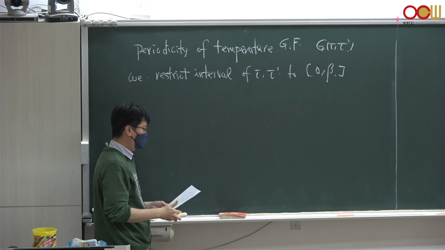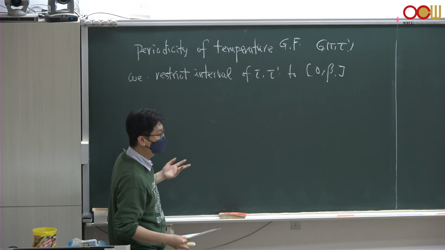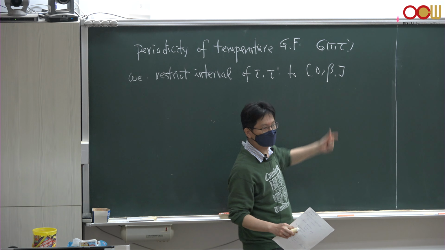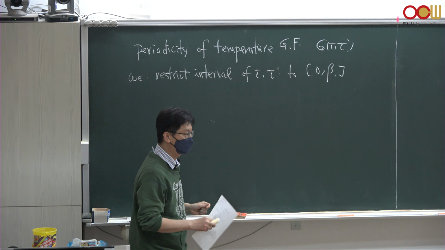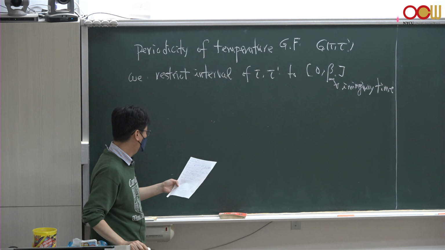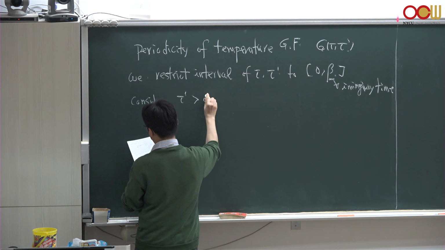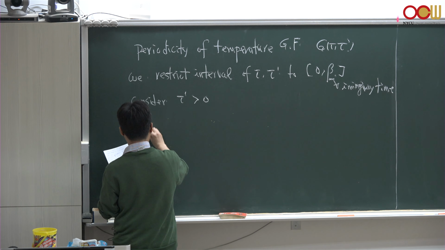Suppose we consider this thermal or temperature Green's function defined in the imaginary time domain, and we restrict the interval of tau and tau prime to be between 0 and beta. Remember, beta now becomes the upper limit for imaginary time. So you will find very interesting, nice properties of this thermal Green's function within this window of 0 and beta, and consider tau prime positive, and we have this definition.